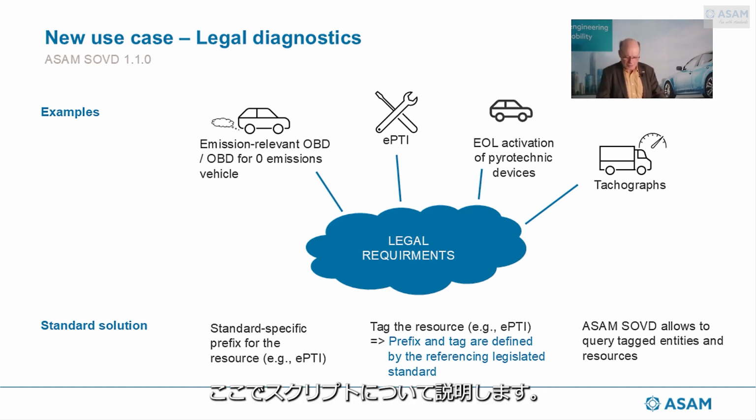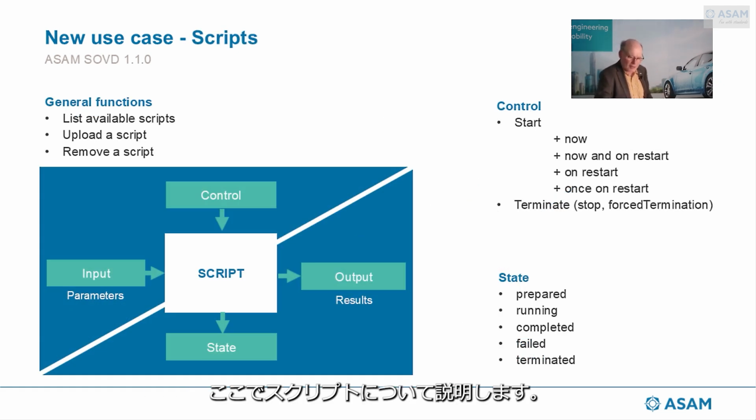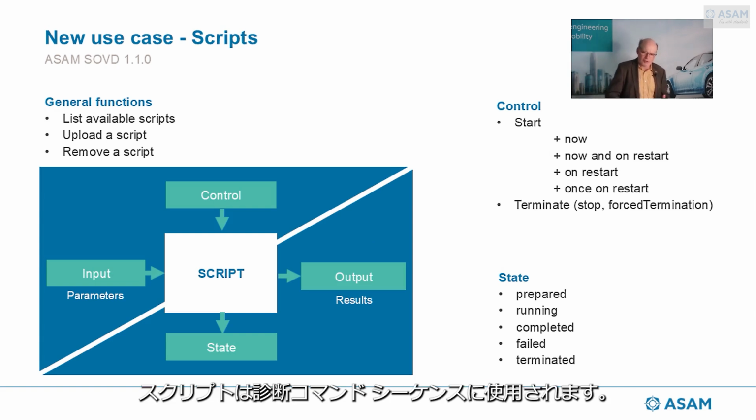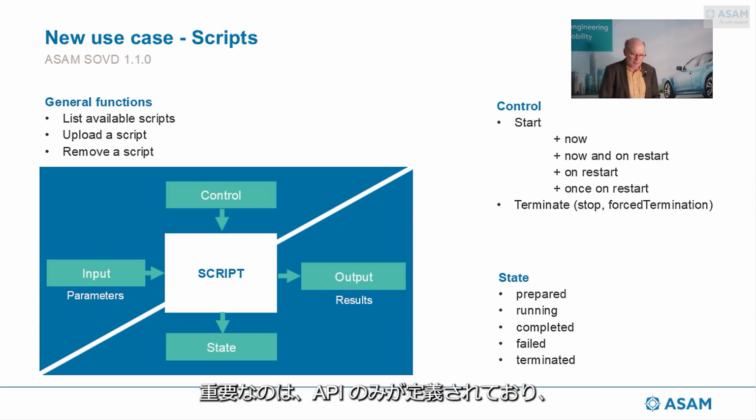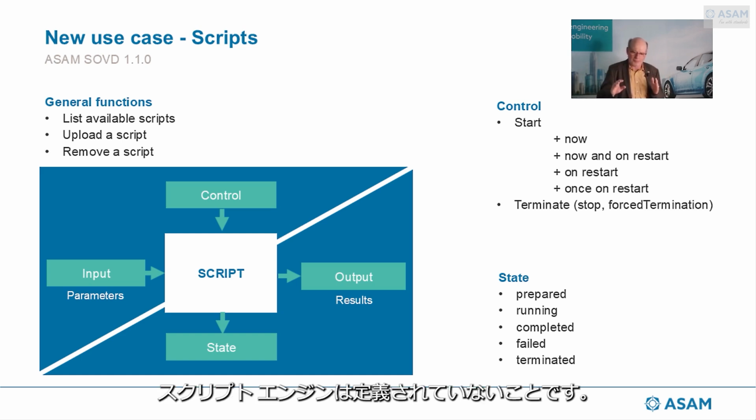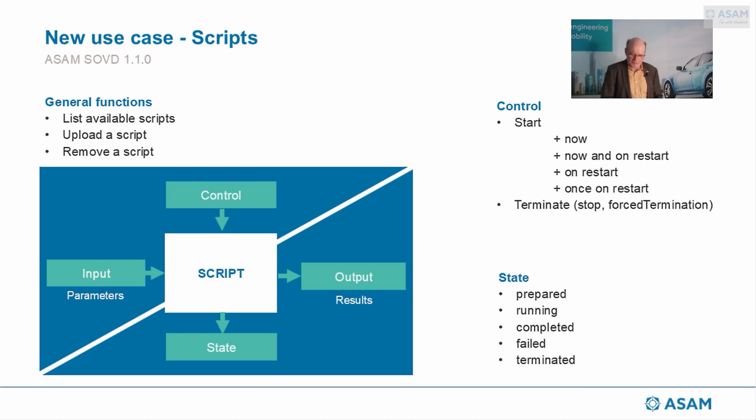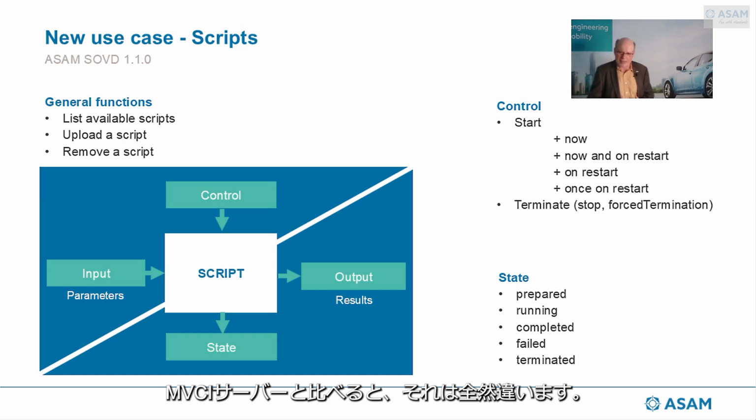Now we come to scripts. Scripts are used for diagnostic command sequences. Important is we have defined only an API, and we have not defined a script engine, and we have not standardized the language. That's totally different if you compare it with the MVCI server, where you have the so-called Java jobs.